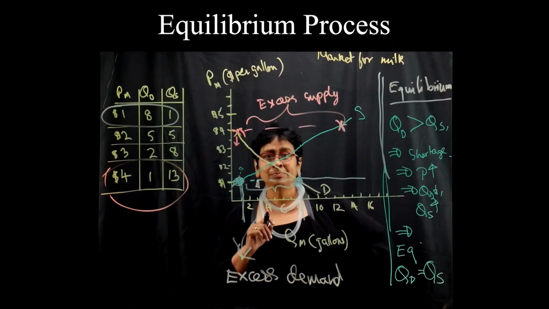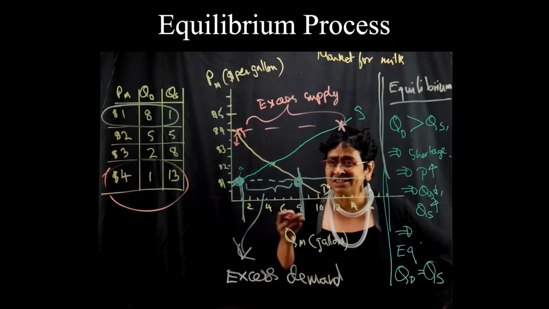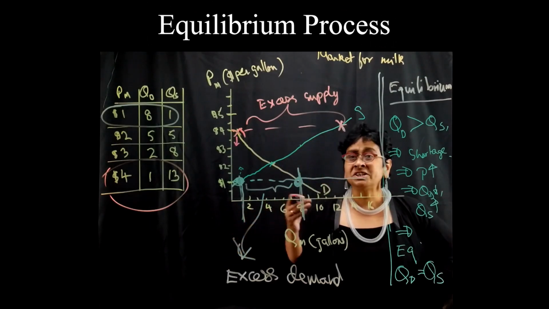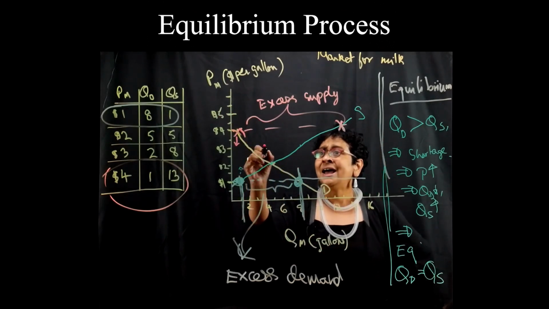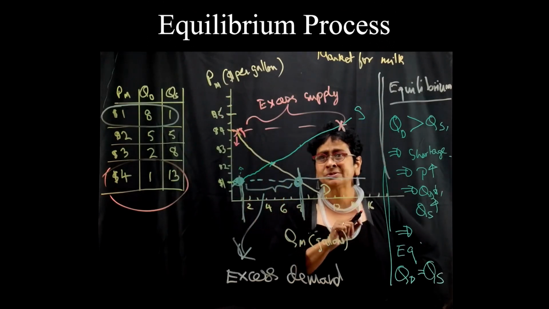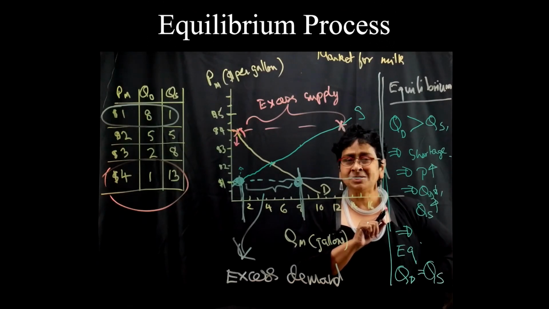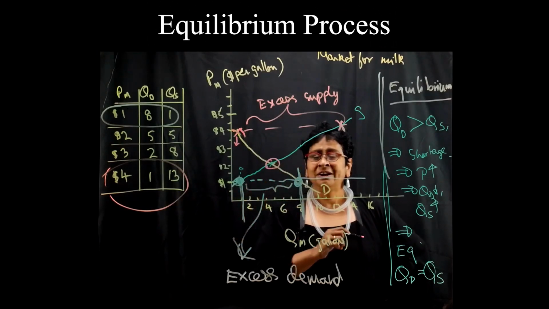Less efficient producers find that the price is now not high enough for them. They start dropping out of the market. They start cutting back on what they supply. Quantity supplied starts to drop. Quantity demanded starts to increase. And this process continues until the glut is eliminated. Quantity demanded exactly equals quantity supplied, and you are at equilibrium.